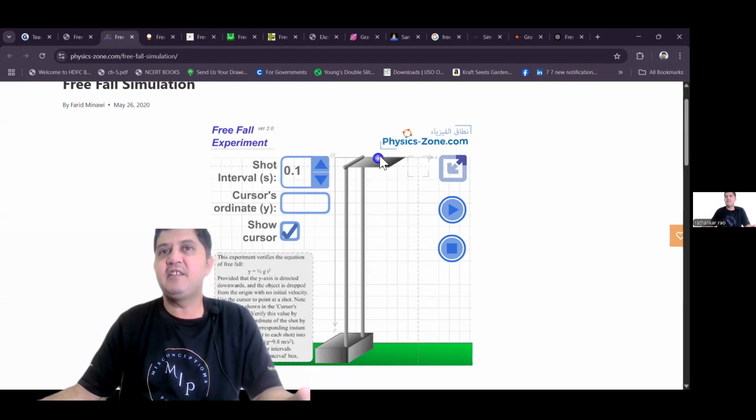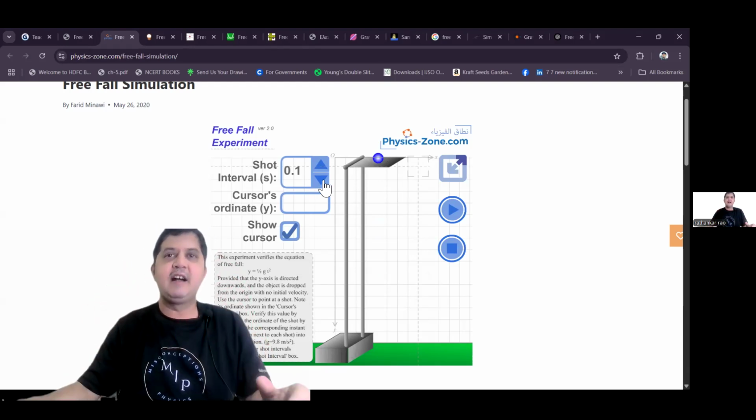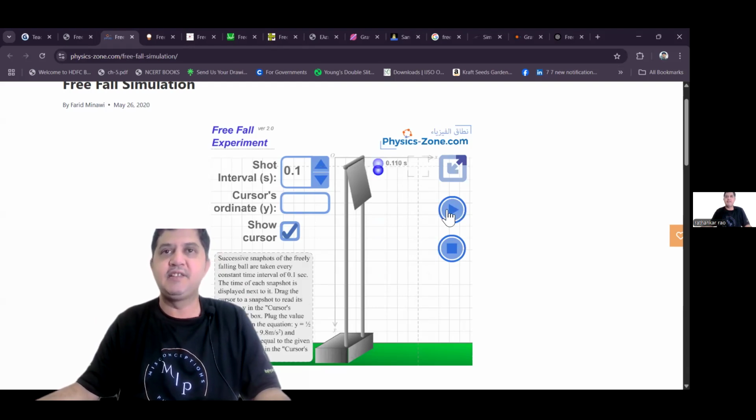There's a tray here and a ball, and for every 0.1 second you are taking a picture to find out where the ball is. When I play this, you get 0.11, 0.186, 0.301, 0.374, and you see the distances covered by the particle. So this is what happens over here.